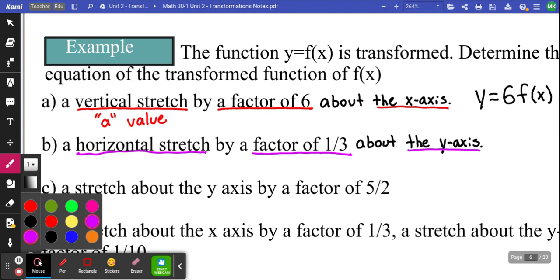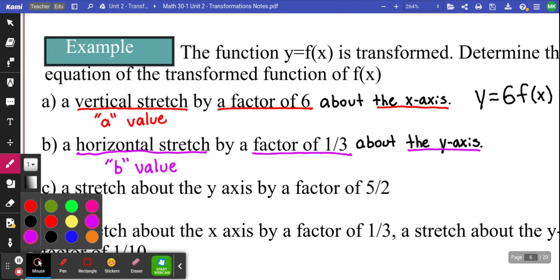All right, in function notation, what does that look like? So in function notation, horizontal stretches is telling you the b value. But it's a little messy. Remember with our x values when we were translating, it would be -3, but it actually meant 3. It was going to the right. Horizontal stretches also do that same kind of weird thing.